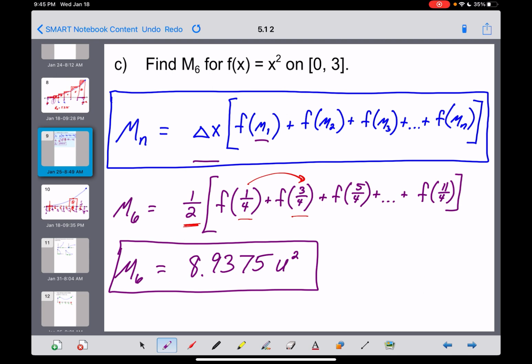Now, what's a little bit tedious about this is how difficult it was to type this mess into the calculator. And you can imagine it could get even worse if I gave you more rectangles, like if there were 8 or 10 or 12 rectangles.